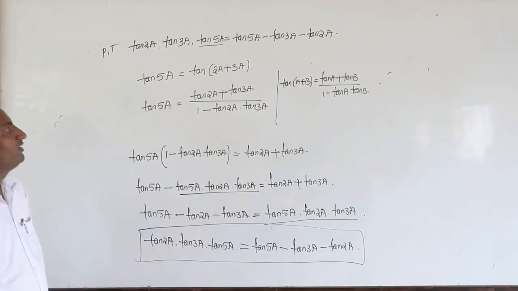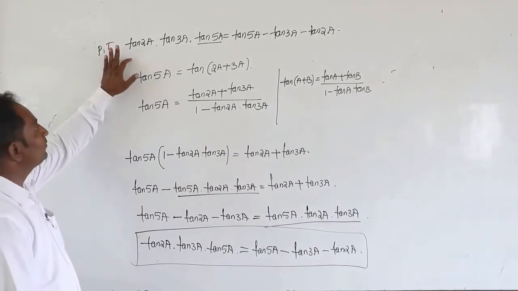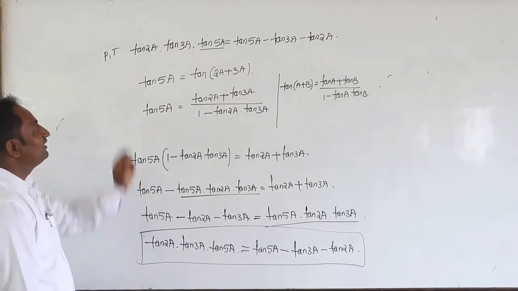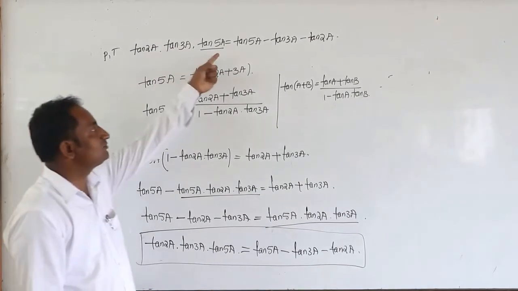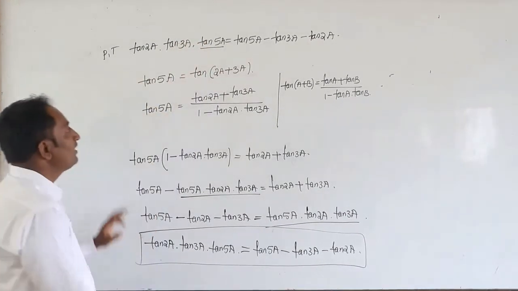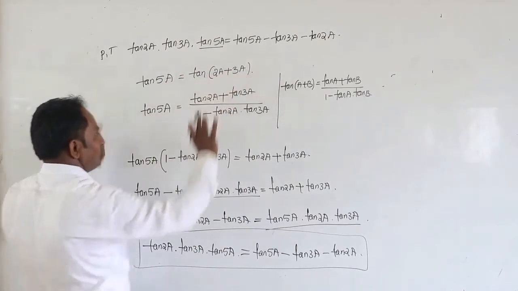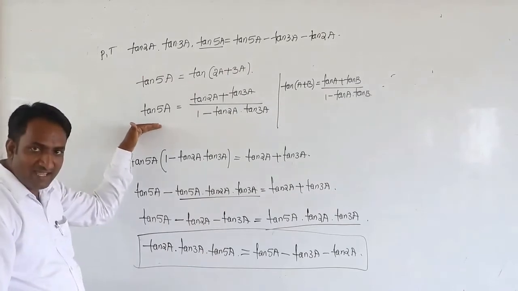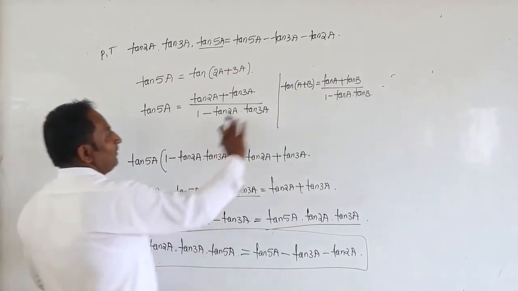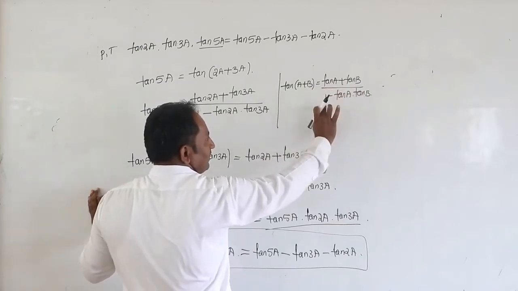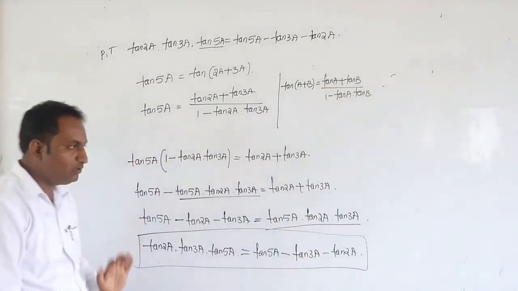Final result. Here, to prove this one, LHS is equal to RHS, we can take tan of 5a, the highest term, belonging to this one. Here, tan of 5a is split into 2a plus 3a. Then by applying, we know that the tan of a plus b is tan a plus tan b divided by 1 minus tan a into tan b.